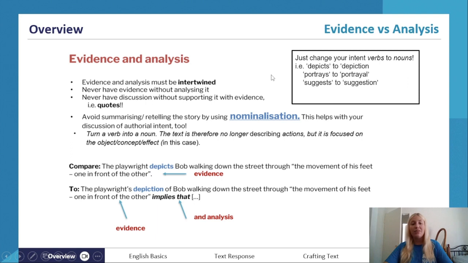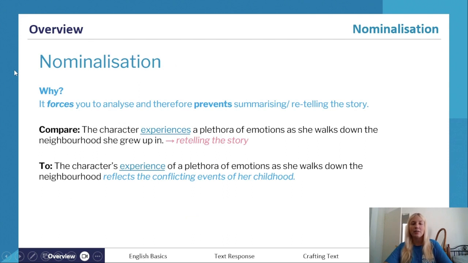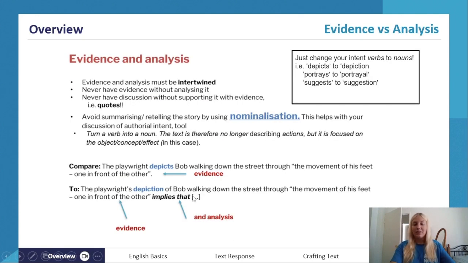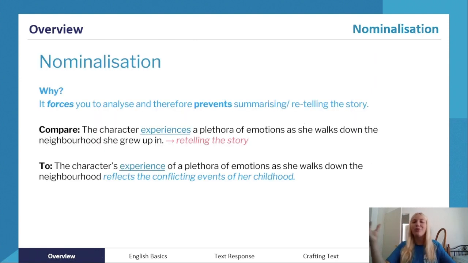It works with anything really, and you just plop it at the head of the sentence where you're trying to analyze. So nominalization not only forces you to analyze, but it also prevents summary. By cutting that sentence there, where we said implies that, we have to write down what it implies, and it won't let us retell those plot elements. So it's really, really useful.